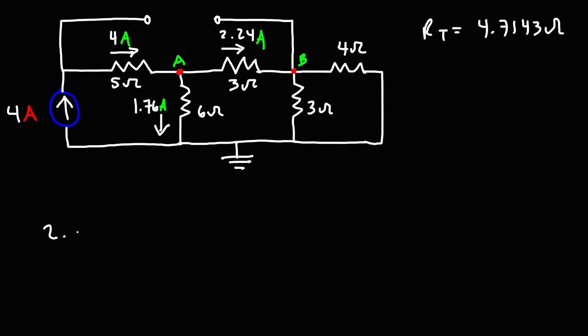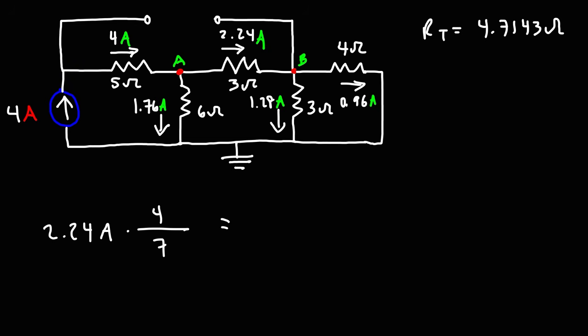So it's going to be the current entering that network, which is 2.24 amps, times the 4 ohm resistor, divided by the sum of those two, which is 7 ohms. And so that's 1.28. So thus we're going to have a current of 1.28 amps flowing through the 3 ohm resistor. And then 2.24 minus 1.28, we're going to have a smaller current flowing through the larger resistor. So that's 0.96 amps.